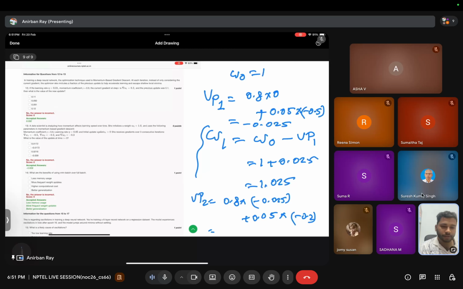So this is minus 0.02, this is minus 0.01, and this is minus 0.03. Done.